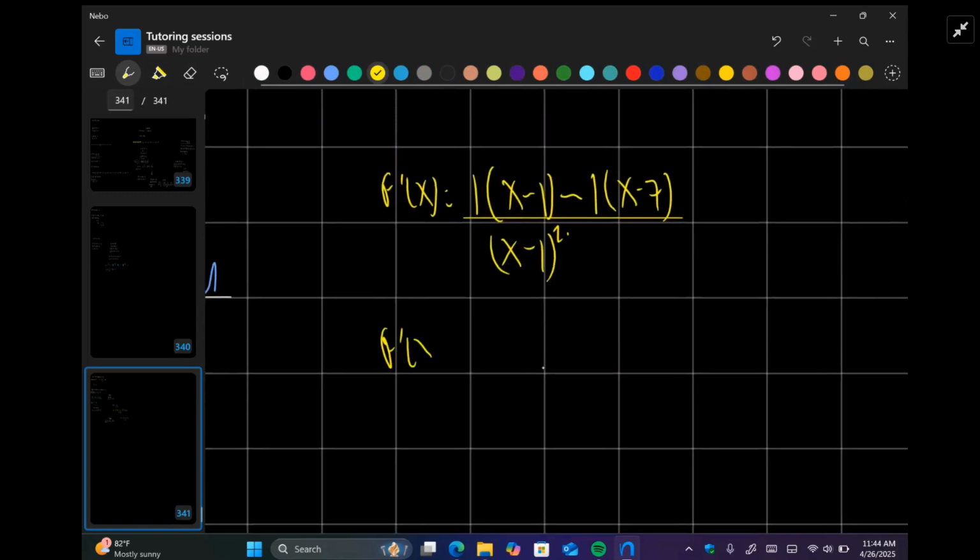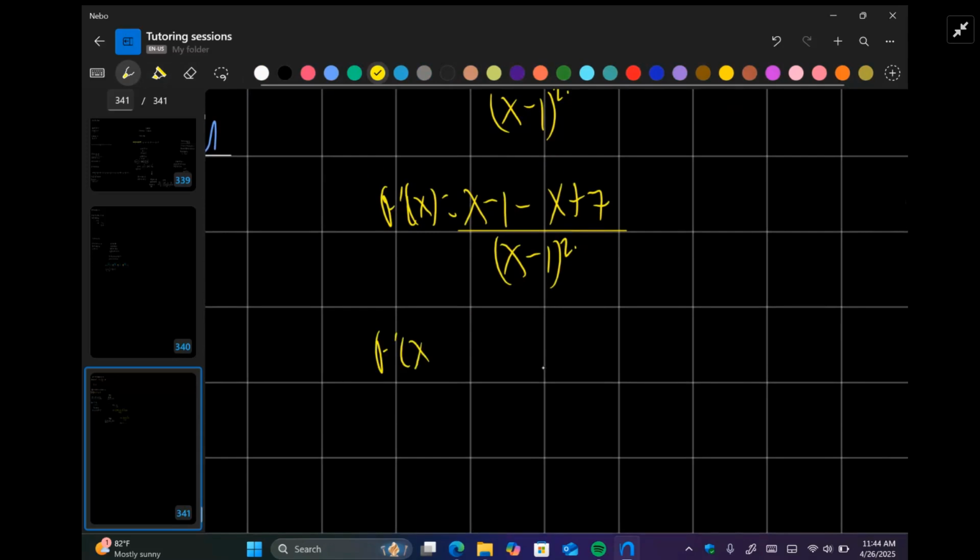Simplifying, we have x minus 1 minus x, and you distribute, plus 7, all over (x minus 1) squared. The x's will cancel out. We have negative 1 plus 7, which is 6. So f prime of x is 6 over (x minus 1) squared.